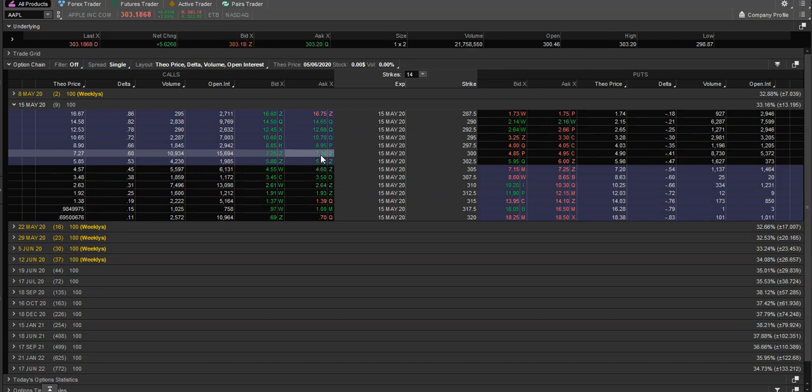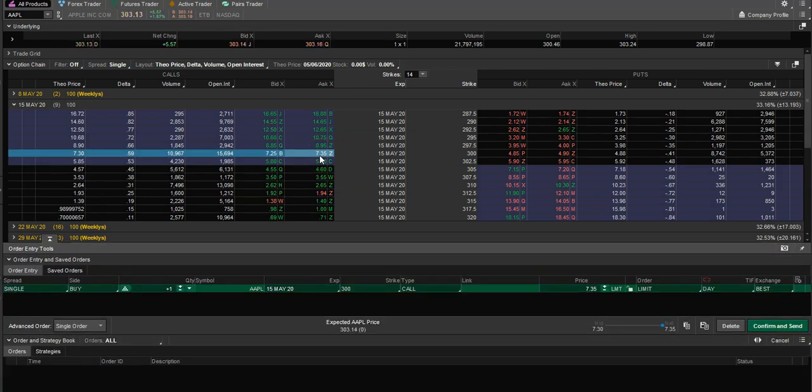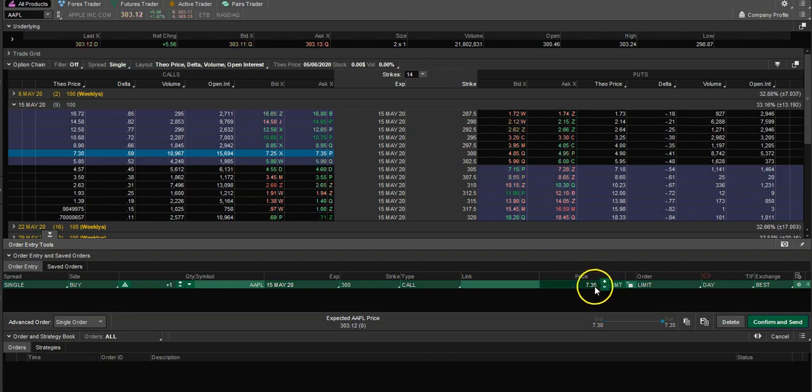Remember, one contract represents 100 shares of the stock, right? So we need to multiply this 7.30 by 100. So if we were to buy this, we click buy, $730, right? We'll lock that price in.